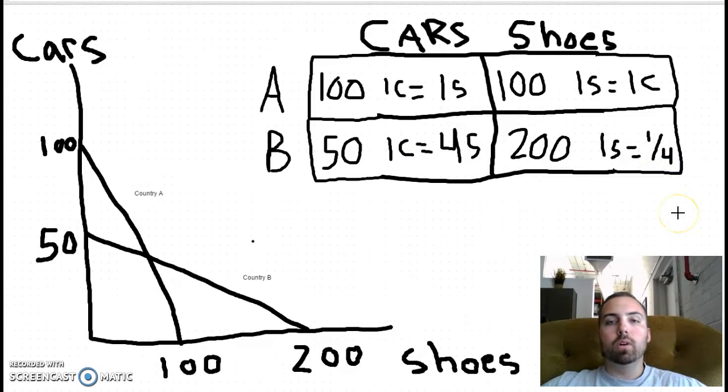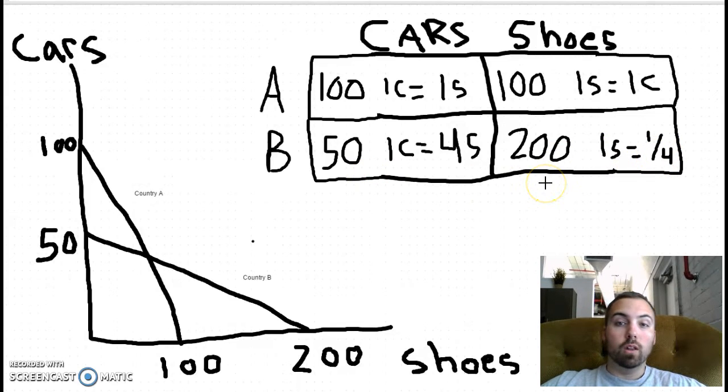And once we have the per unit opportunity cost, we're looking at which country gives up less to produce the other good. So in this case, country B is giving up, for each car, making 4 shoes. And for each shoe they're only giving up 1/4 of a car.